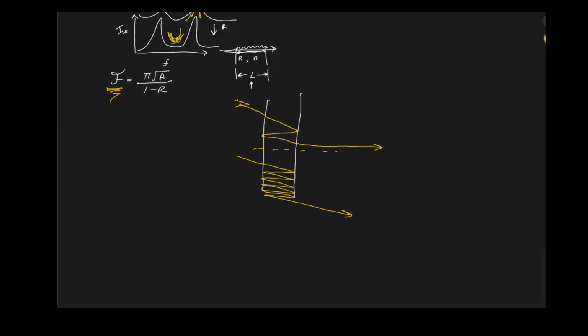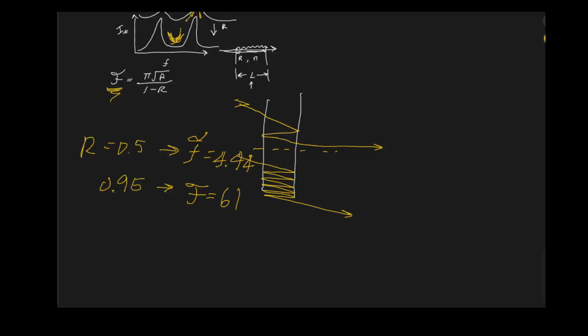And just to give a couple examples, if your reflectivity is 0.5, you'll have a resulting finesse of 4.44. If your reflectivity is 0.95, it'll result in something like 61.